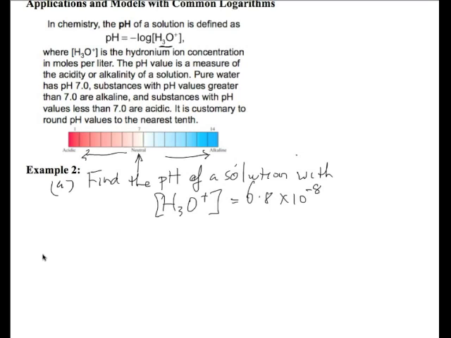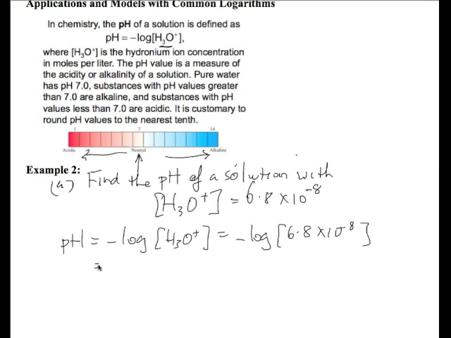What we're looking for here is that pH is given by negative the log of the number of hydronium ions, which in this case is negative log, base 10 remember, of 6.8 times 10 to the negative 8.